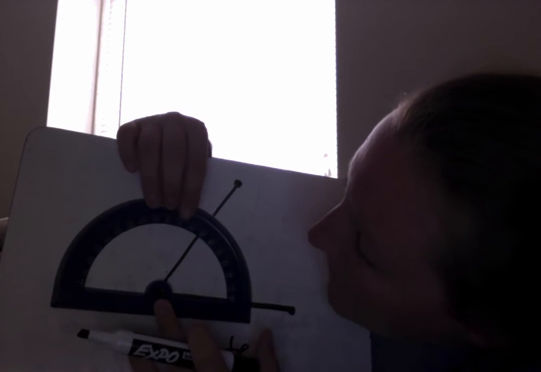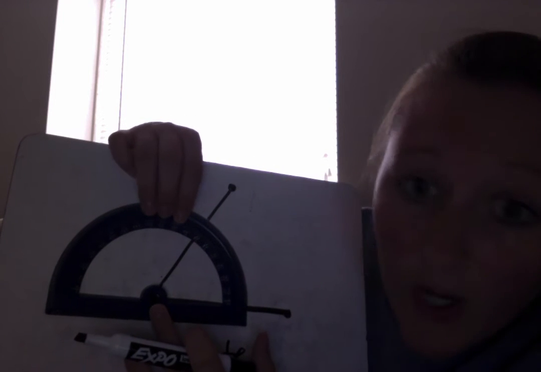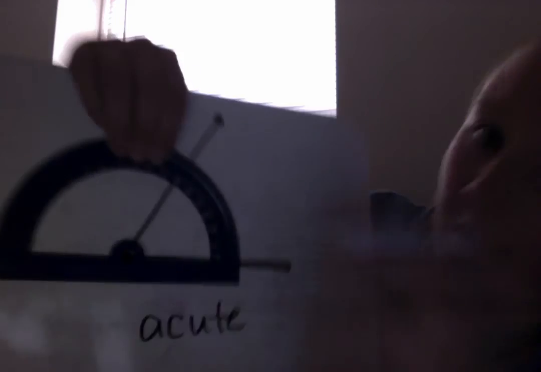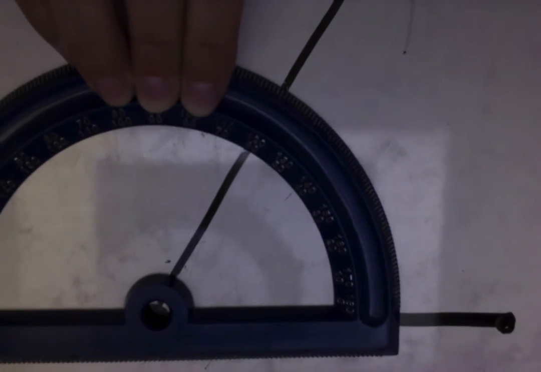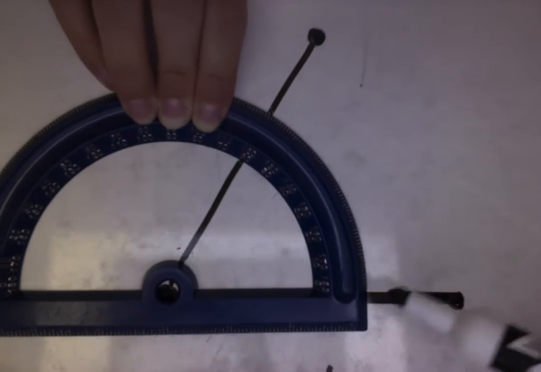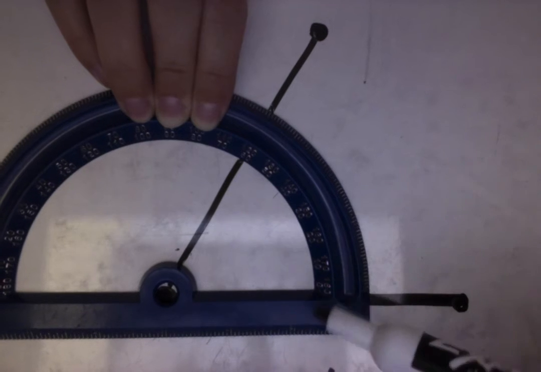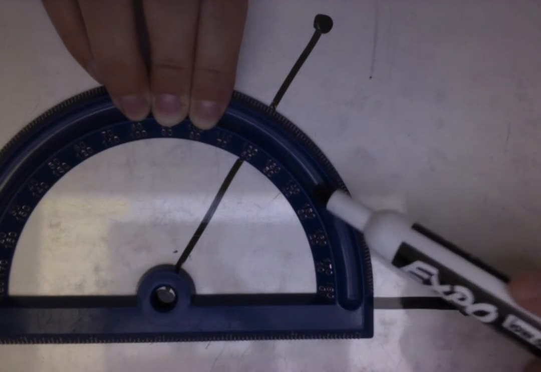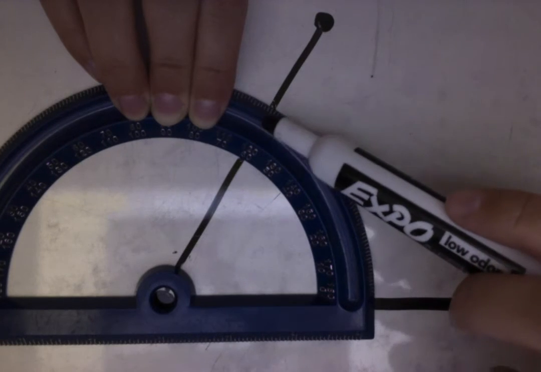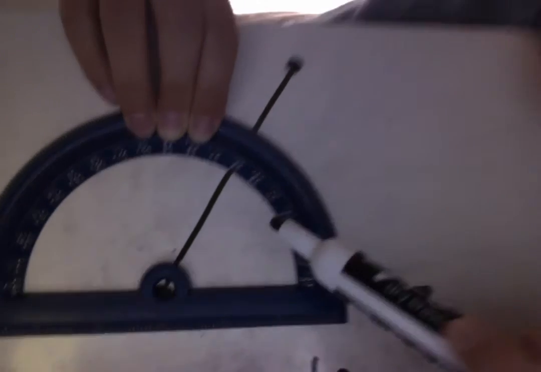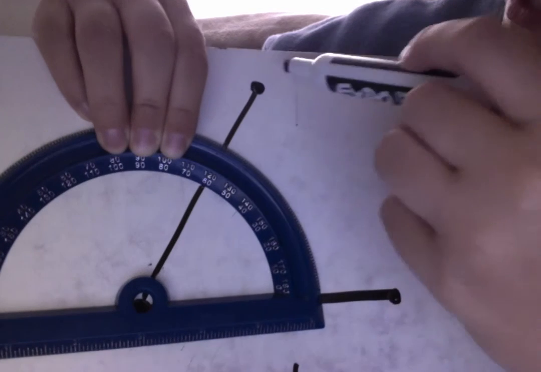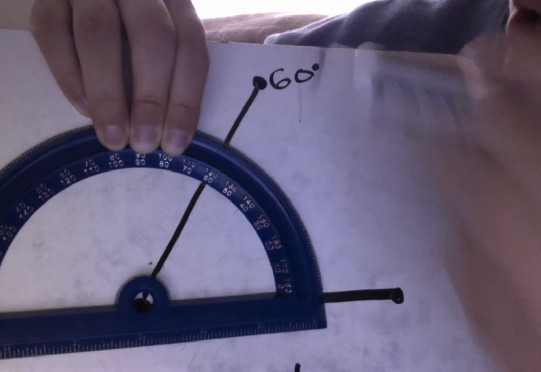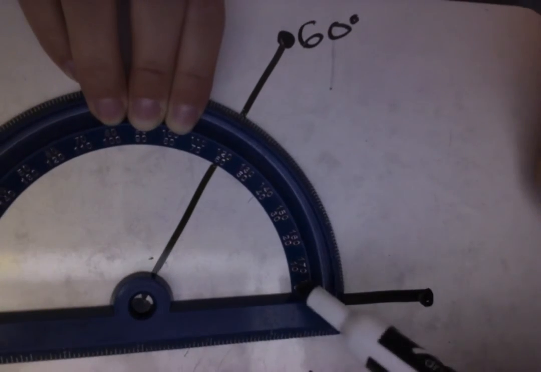So we measure it up, okay? And you guys cannot see this. Well, maybe if I get really, really close, you can. Here, how about this? Oh, your teacher is so smart. So you can see the numbers here. There's two different numbers. So the inside numbers say 0, 10, 20, 30, 40, 50, 60, 70, 80, and so on. So this one goes to 60 degrees with the inside numbers on my protractor.